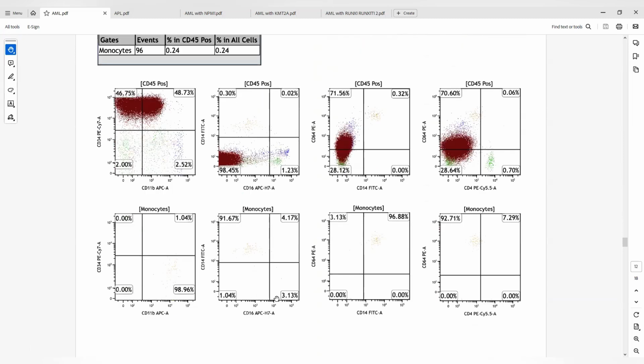Now here we do have our monocytic tube, and CD11b is dim. CD11b can be expressed on monoblasts or myeloid blasts. And here CD11b is dim because the population is spanning these two boxes, and it seems like one population. CD14 is a very helpful monocytic marker.